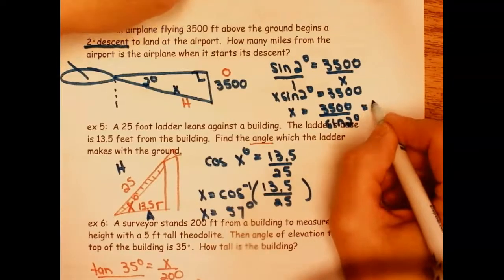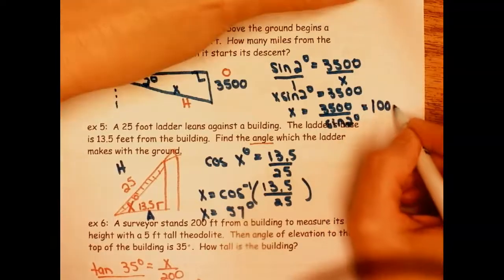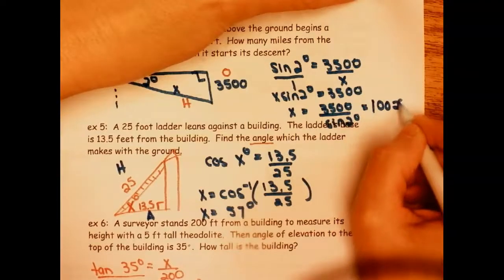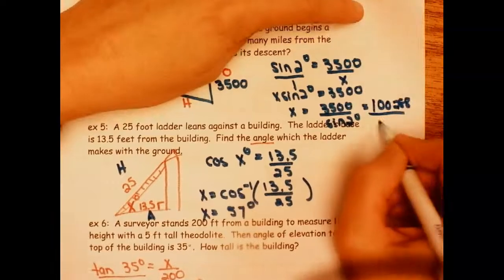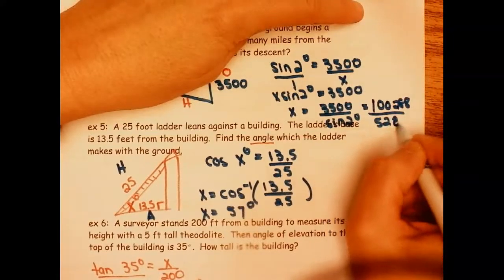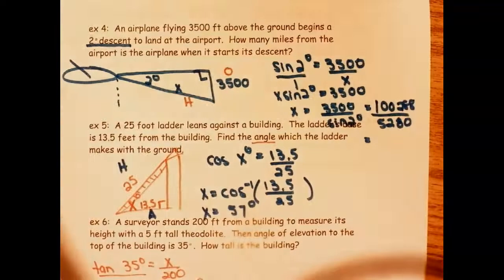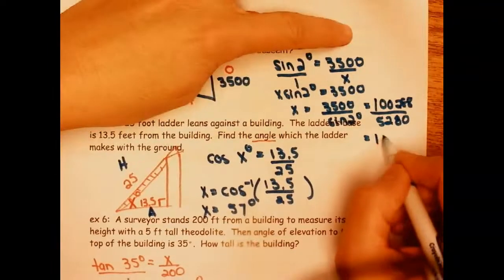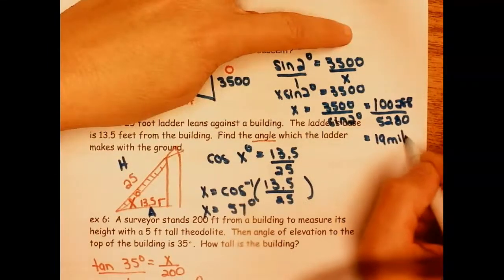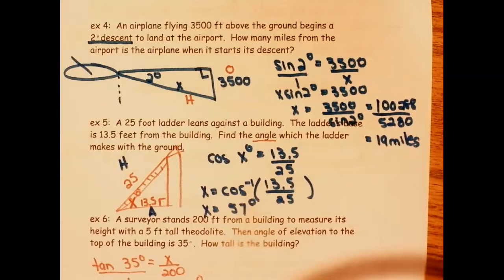And we end up with, this is in feet, 100,288. If we wanted to convert it to miles, we would divide by 5,280 feet, because that's how many feet are in a mile, and we end up with approximately 19 miles.